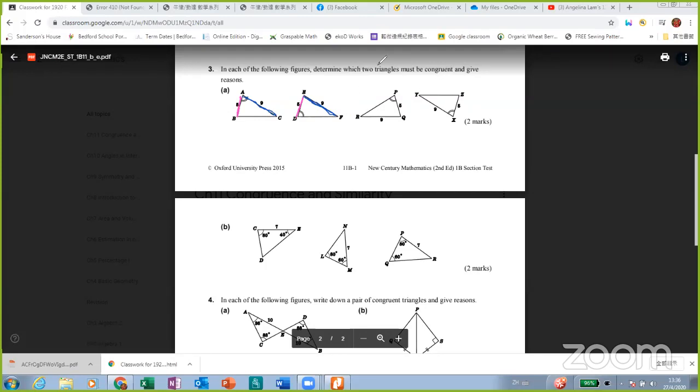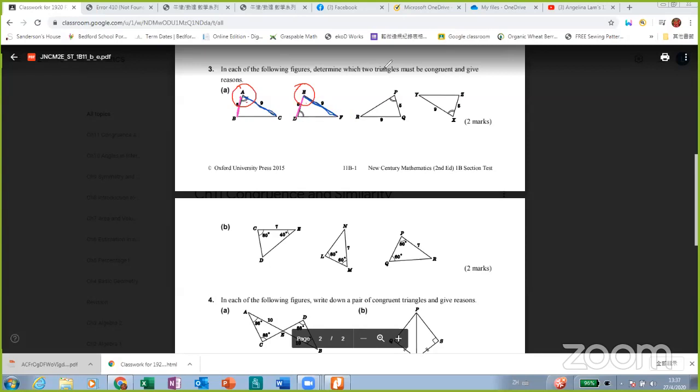But you can see it means I should compare these two angles. If I look at these angles together in a pair, actually there's no information. I cannot say that these two angles are equal. Do you know what I mean?